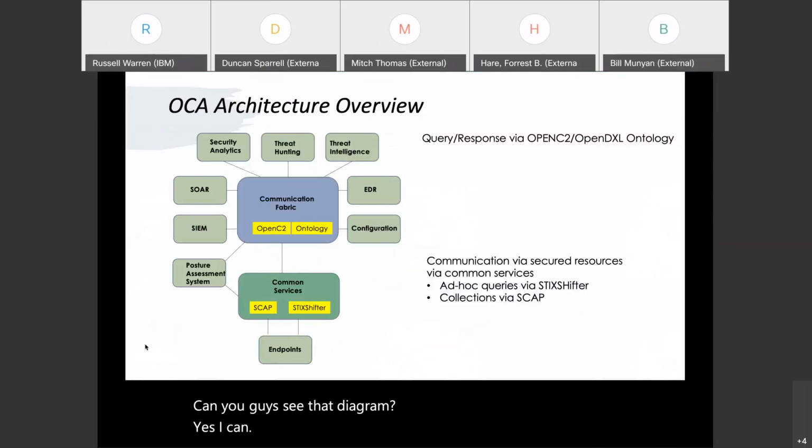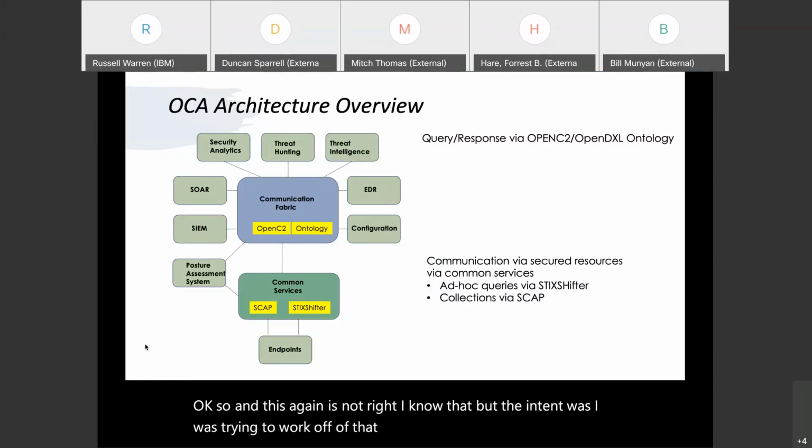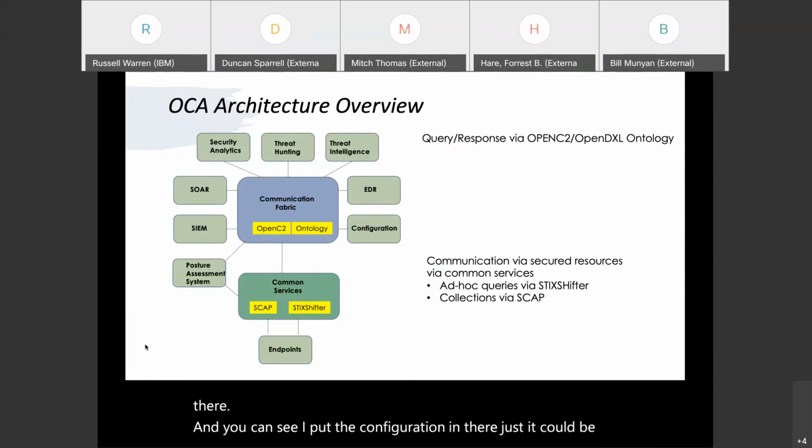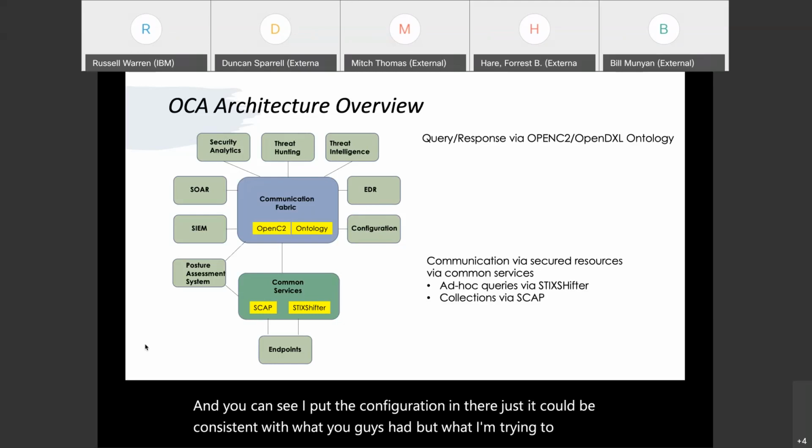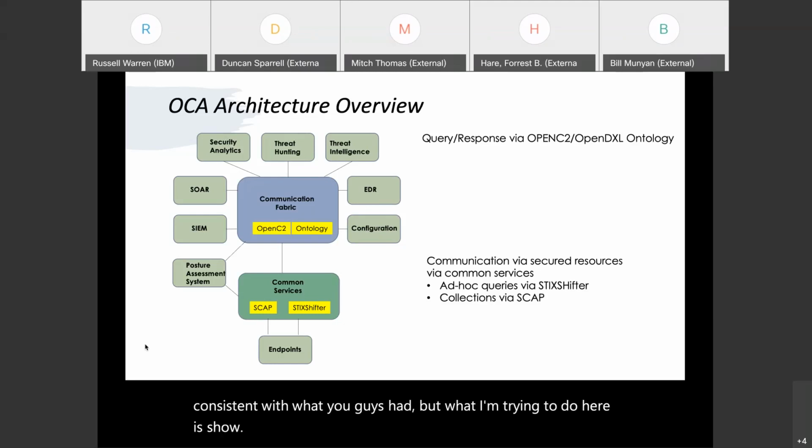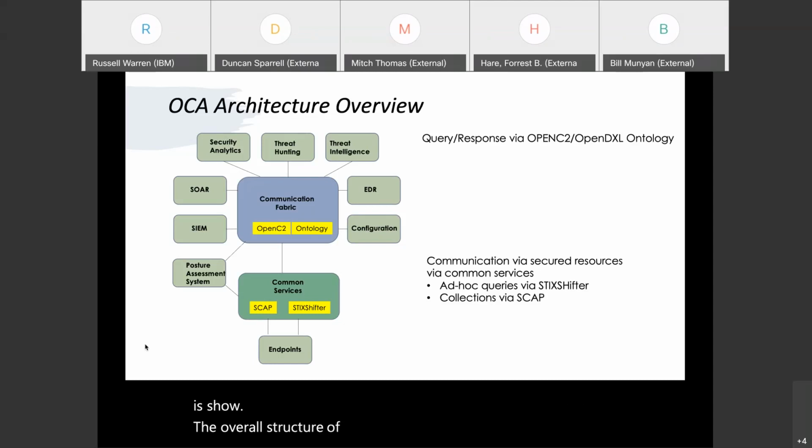Yep. Okay, so, and this again is not right. I know that. But the intent was I was trying to work off of that, and you can see I put the configuration in there just to be consistent with what you guys had. But what I'm trying to do here is show the overall structure of the OCA architecture. And I've noted in the paper there are two different areas we seem to be focused on.